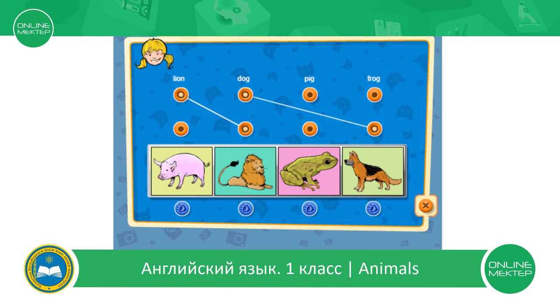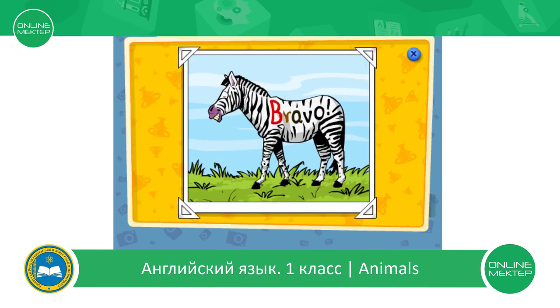Number 3. Pig. Can you see a pig? Great. And the last one. Frog. Can you see a picture of a frog? Good job.